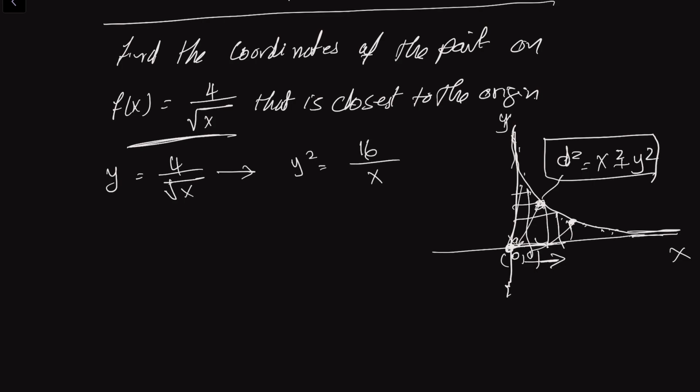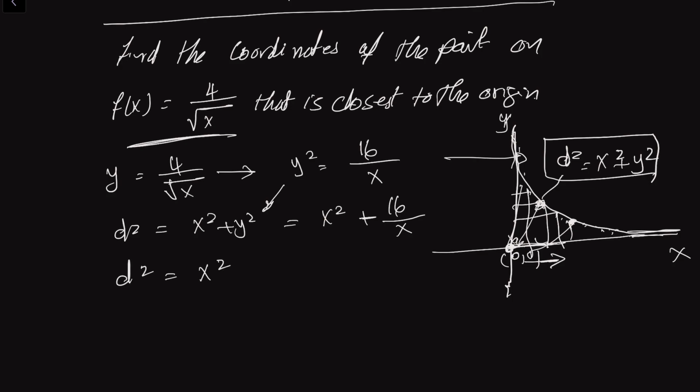And then we set the equation of the distance: d squared equal x squared plus y squared. Substituting for y, it will be x squared plus 16 over x. So the final equation is in terms of x plus 16 over x.